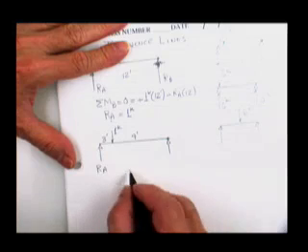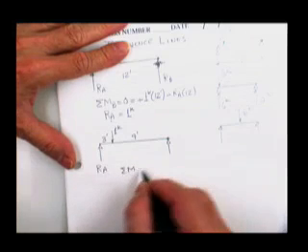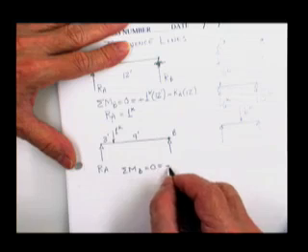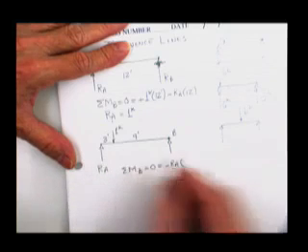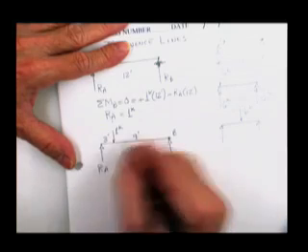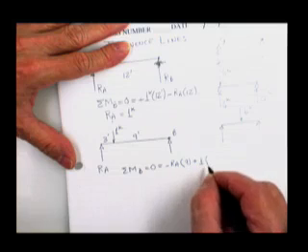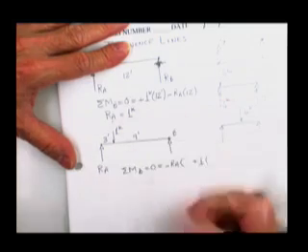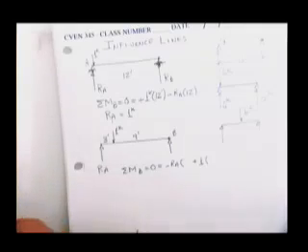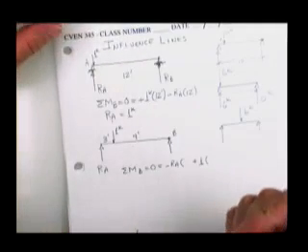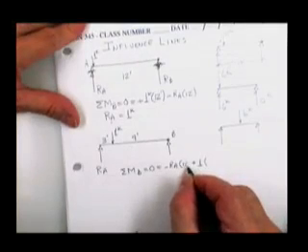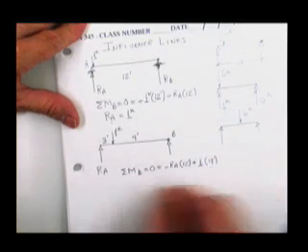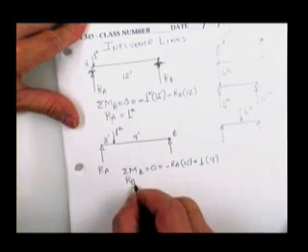This is B. I'm going to sum moments about B is equal to 0, is equal to minus the reaction at A times his moment arm, which is 9, plus the 1 kip load times his moment arm, which is 12. Plus 1 times his moment arm is 9, and I solve by statics for the reaction at A.